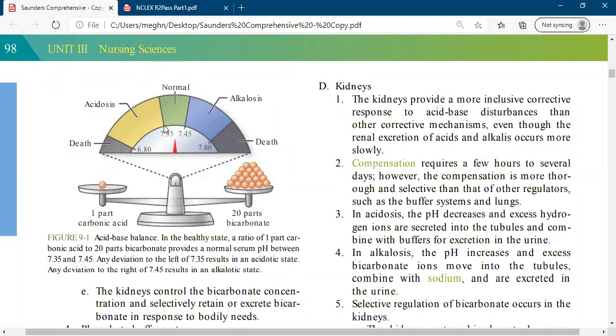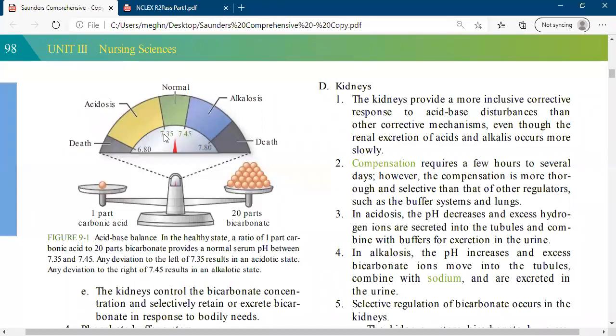So pH has a particular number or value. So normal pH is 7.35 to 7.45.